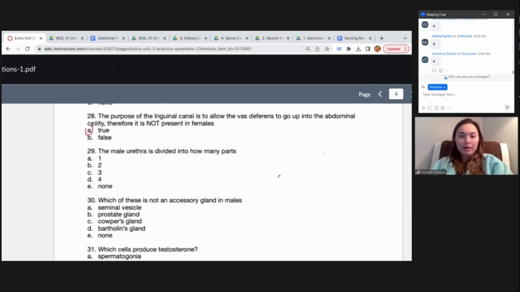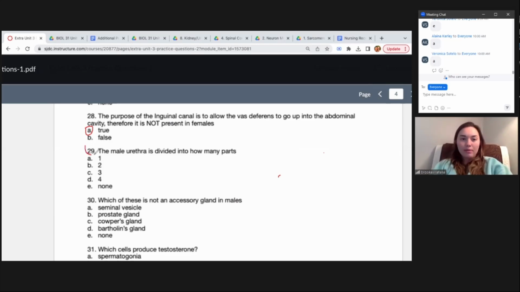True, right? So that is a perfectly true statement. It's a reminder of what the purpose is, and that is 100% accurate. That would be the purpose of the inguinal canal.